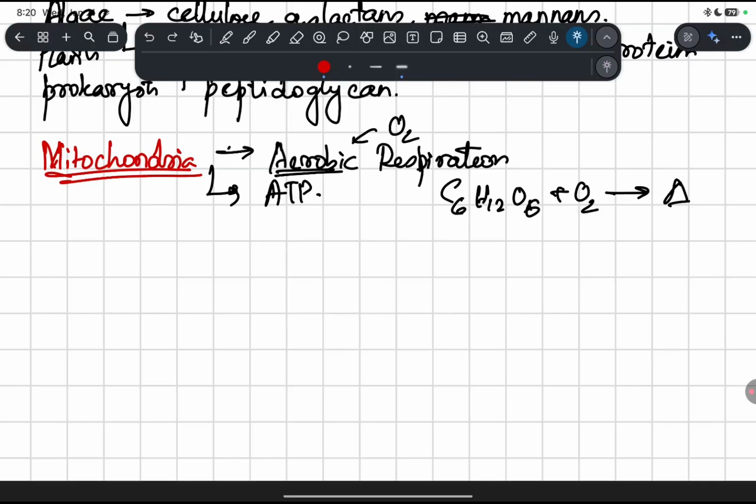How does that help? It dilates the blood vessels so that more oxygen can enter and it can mitigate that lactic acid effect, right? So that is anaerobic respiration. In mitochondria, aerobic respiration happens, and another piece of information is that mitochondria is double membrane bound, right?